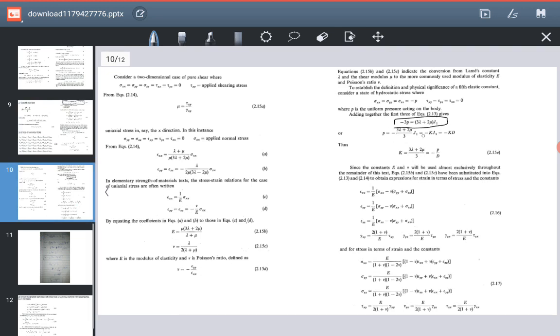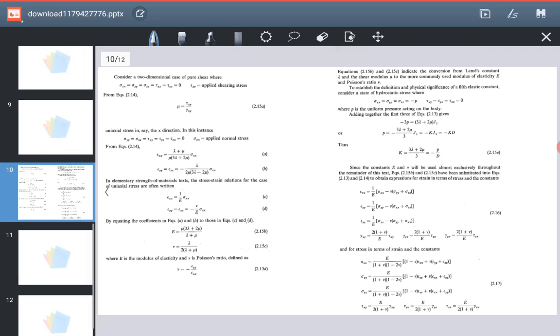And if I do some rearrangements, I get a situation like this, where I equate this as k except for the minus sign, and I get this equation in this form.